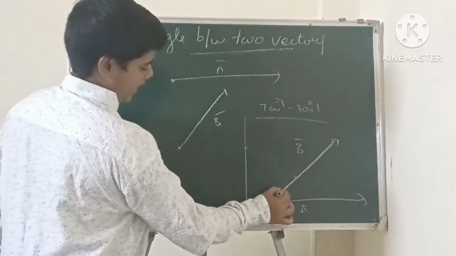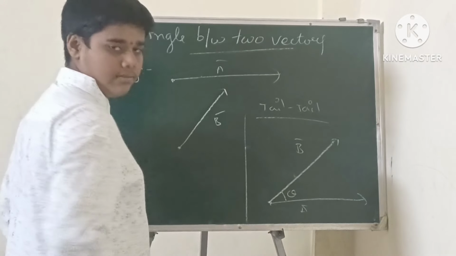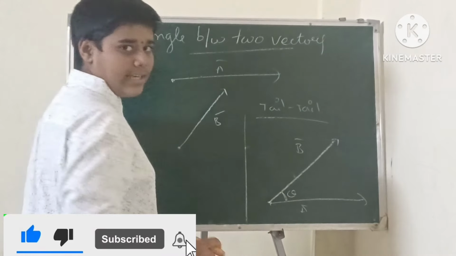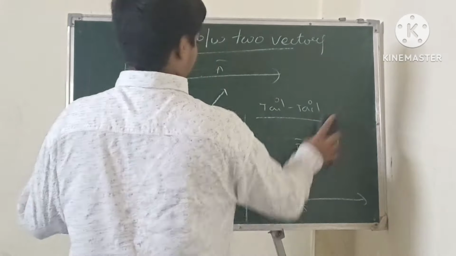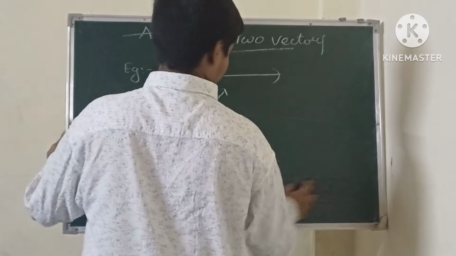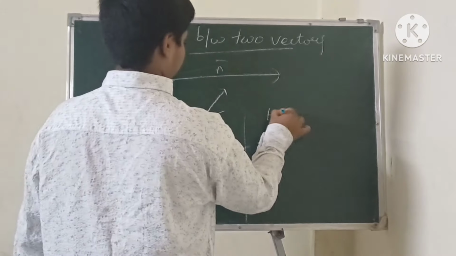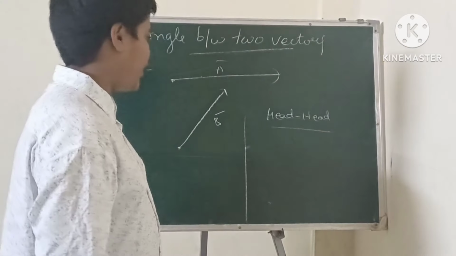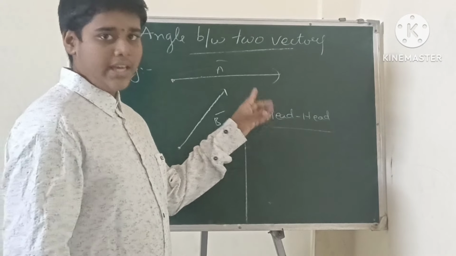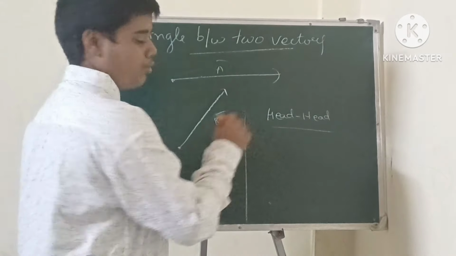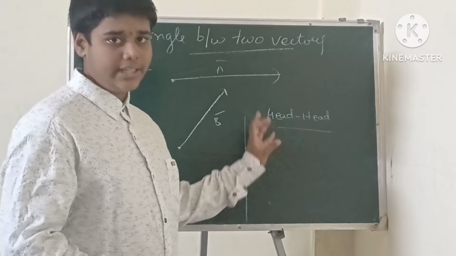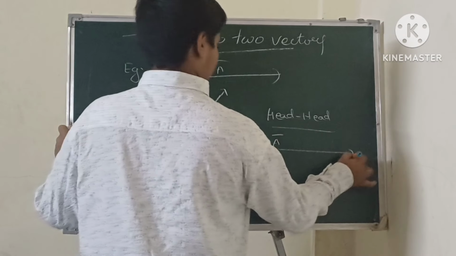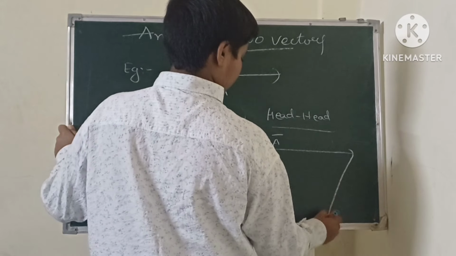So the angle between these two is theta. By tail and tail combination, the angle is acute. Now we see head and head. This is A bar and the head is here, and this is B bar.